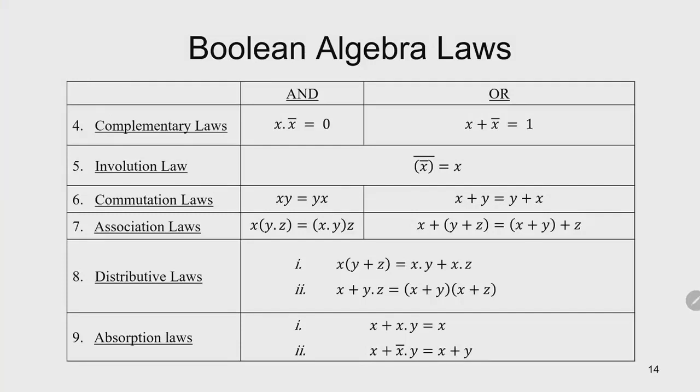The fourth one is called complementary law. Before I go any further, although I put all the names here of the different laws, I'm not so concerned about you trying to remember the name of the law, but what I want you to remember is the property of the law, so that you can make use of them to simplify Boolean algebra.